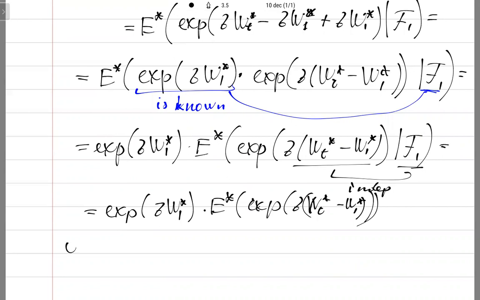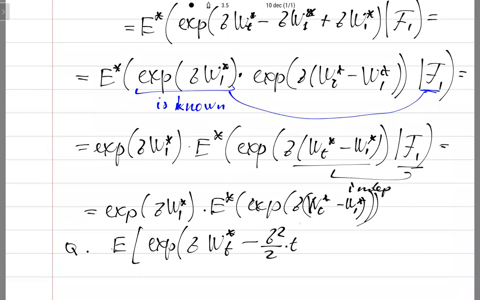The expected value of the exponent of sigma W star t minus sigma squared over 2 t, given F1.